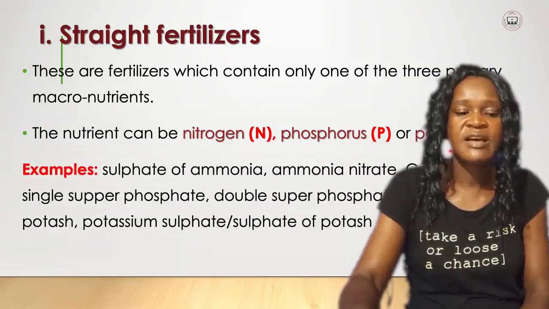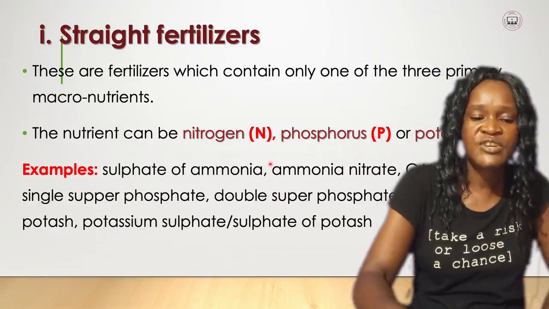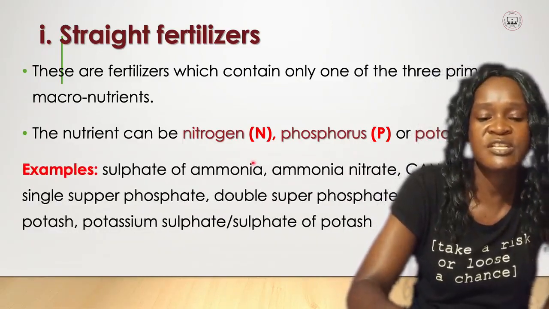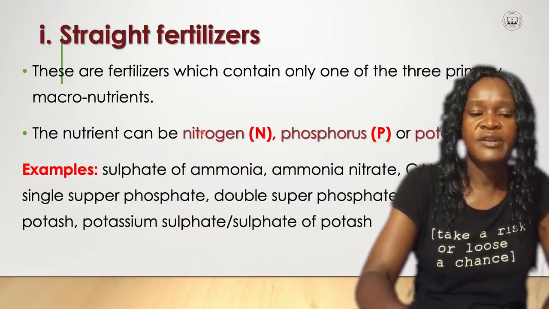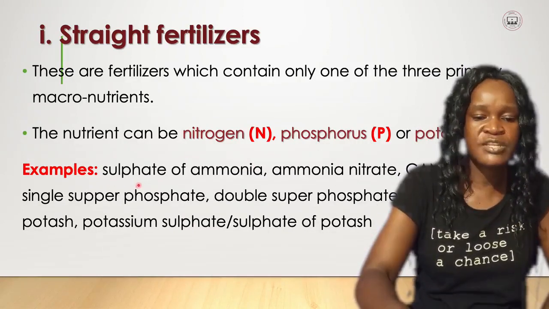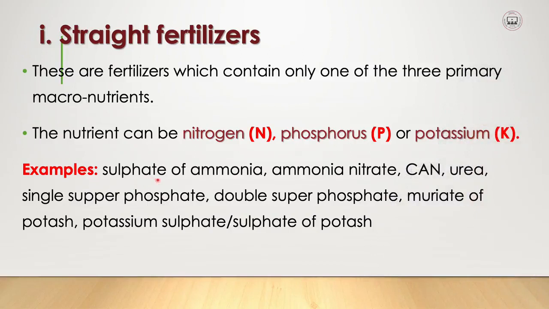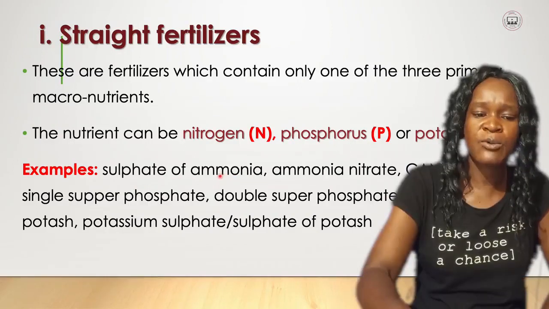So these are some of the examples of straight fertilizers which only contain one of the three primary macronutrients. For example, we have sulfate of ammonia. This one contains nitrogen as the primary macronutrient.